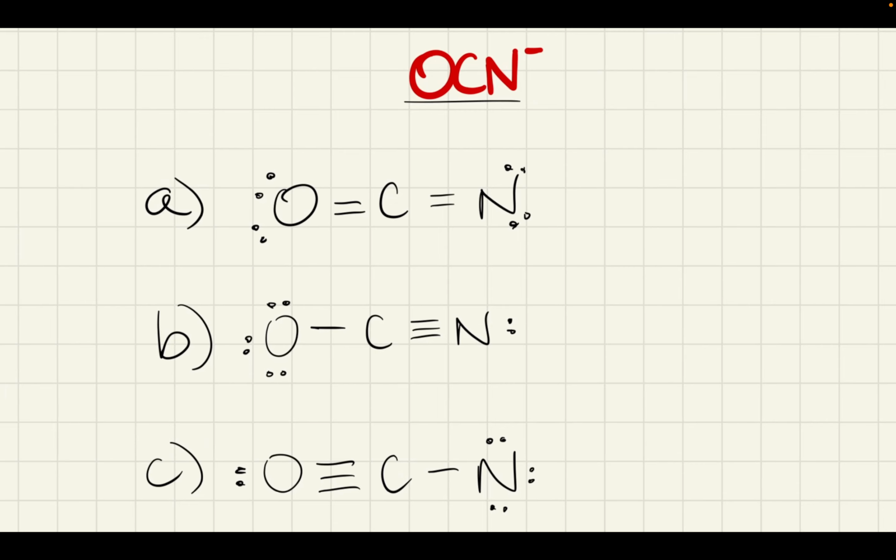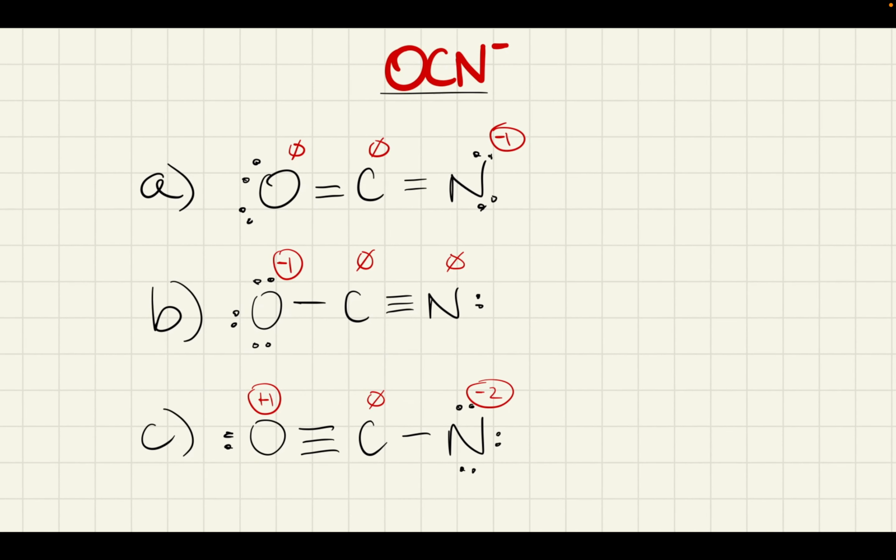So we have formal charges of 0, 0, -1, -1, 0, 0, +1, 0, -2. Wonderful. That's all based off of formal charge equals valence electrons minus bonds minus dots. I just did that all really quickly in my head.